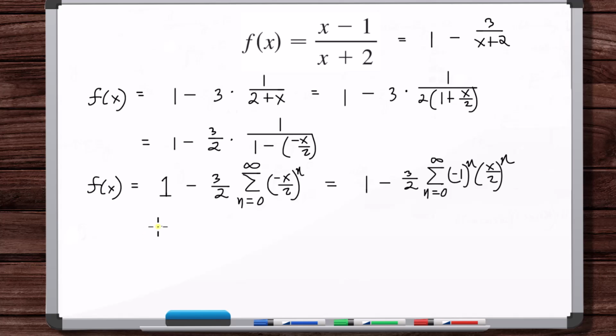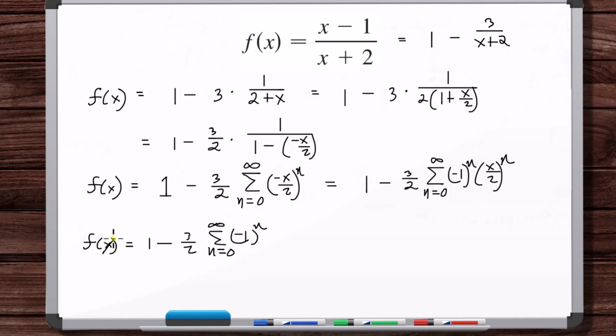So when x is equal to 2, what do we have? So 1 minus, and then 1 to the n. This is divergent.